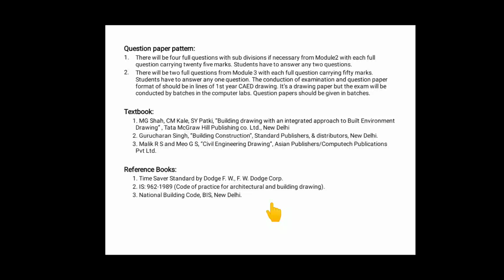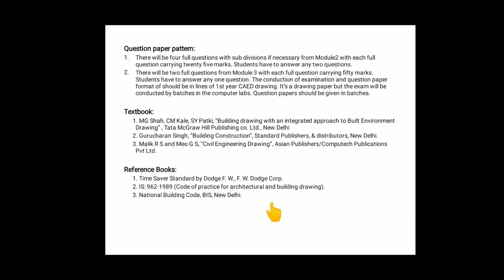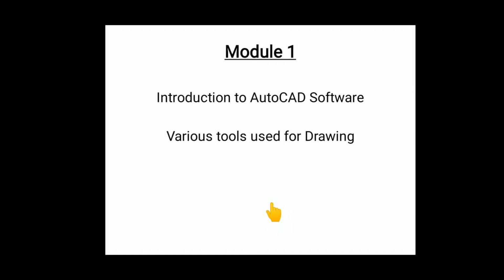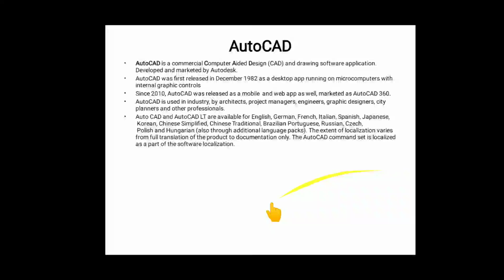So for Viva, first part, that is how to use the tools and a brief introduction of AutoCAD is required. And as far as textbooks are concerned, these are a few textbooks and reference books for your reference. So let us start with module 1.